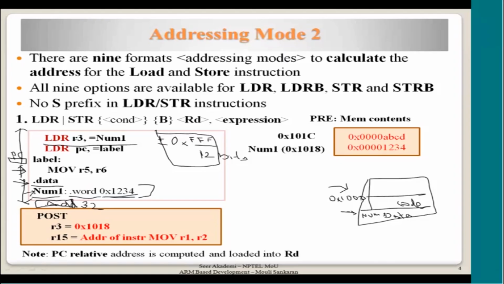So you get a 32-bit value loaded into R3. This is another way of accessing a 32-bit value into the register.